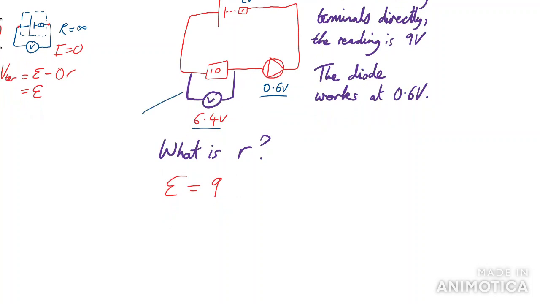And then just having a look at this, what else can we work out from this diagram? Well, just looking here, we've got a resistance and we've got a voltage, so we can work out current. So I is going to be 0.64 amps.